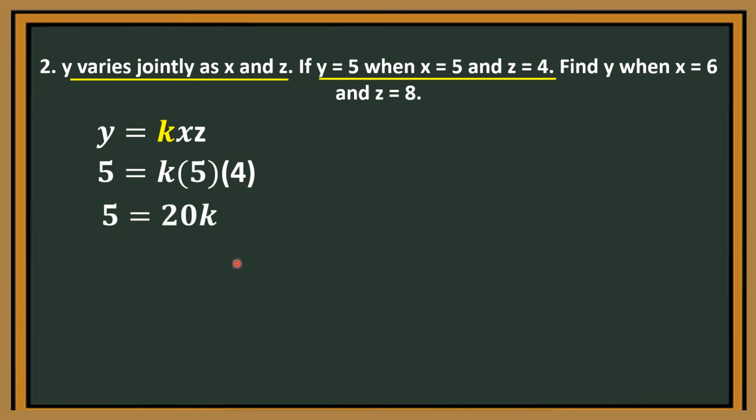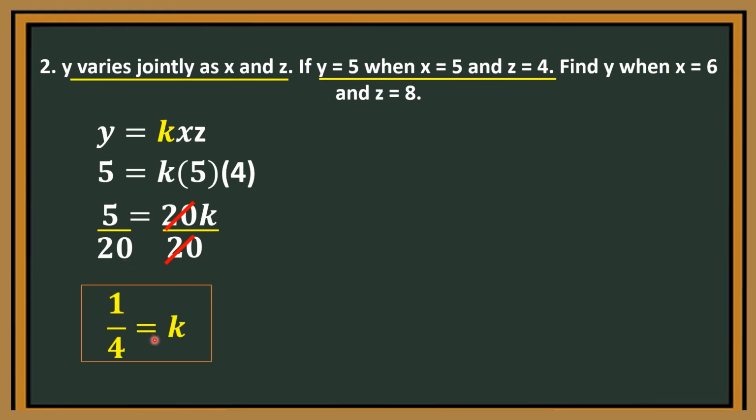Therefore, 5 is equal to 20k. Then solve for k by dividing both sides by 20. Then we can cancel 20. Sa right side, matitira ay k. Then sa left side, we're going to simplify 5 over 20. So that is 1/4. Therefore, k is 1/4.